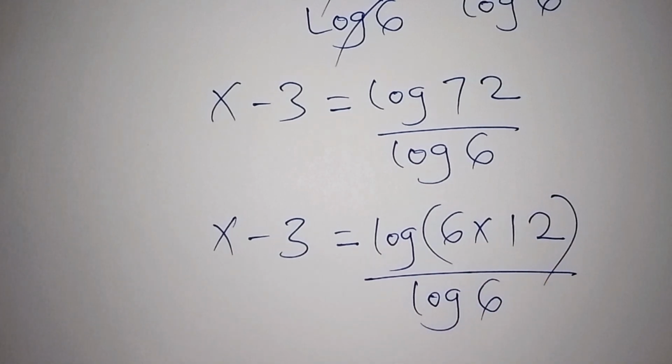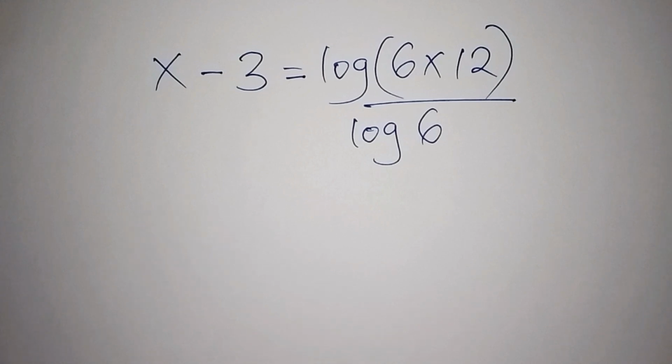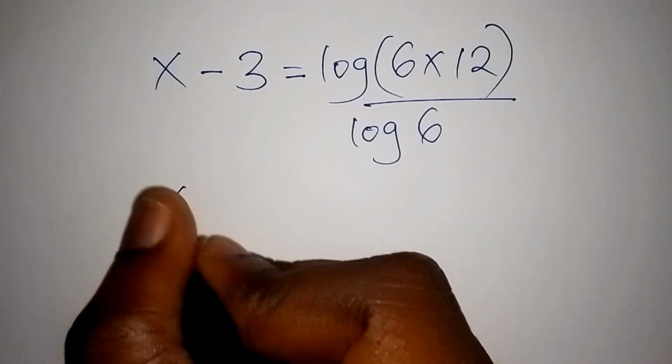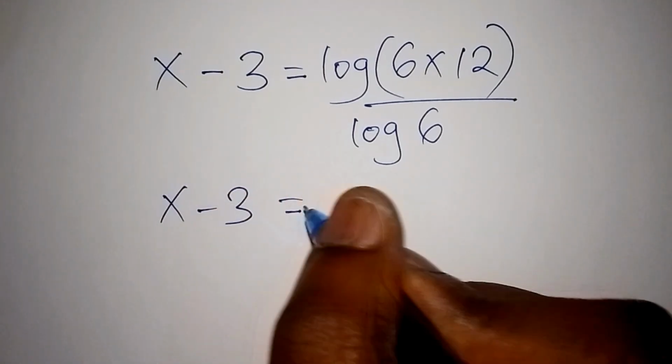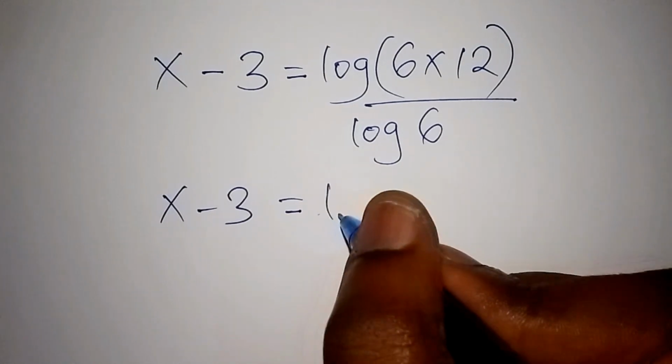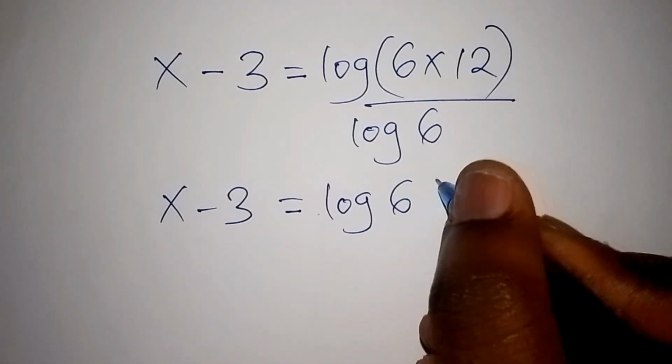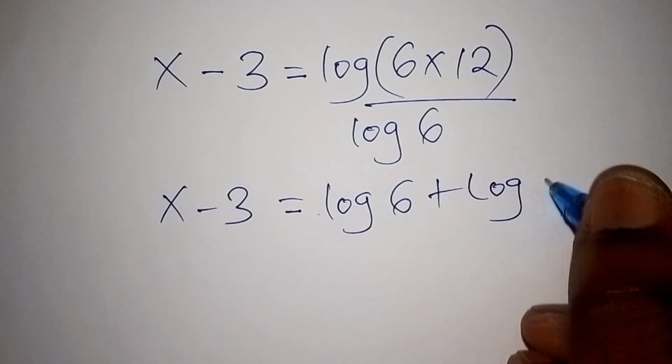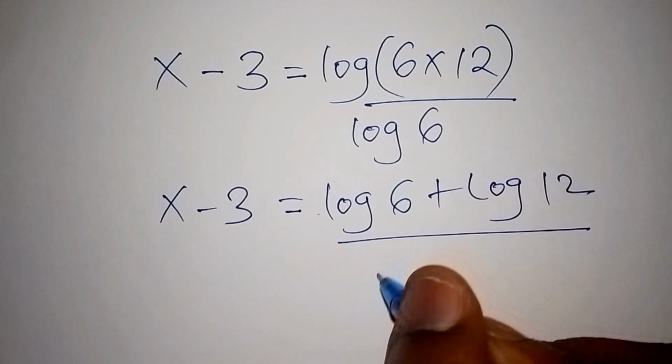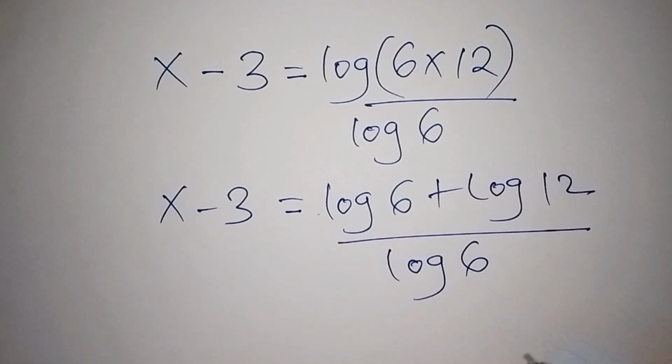So now, according to the law of the log, x minus 3 shall be the same as the log of 6 plus the log of 12 all over the log of 6.